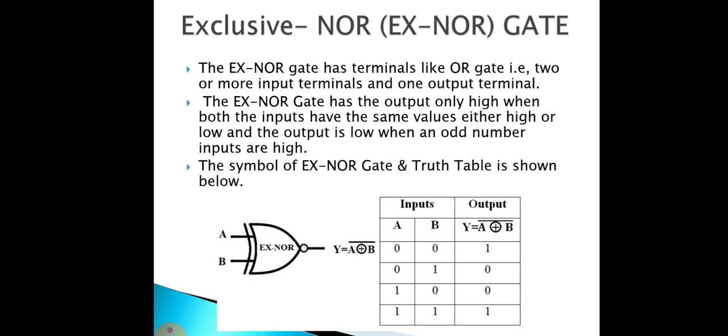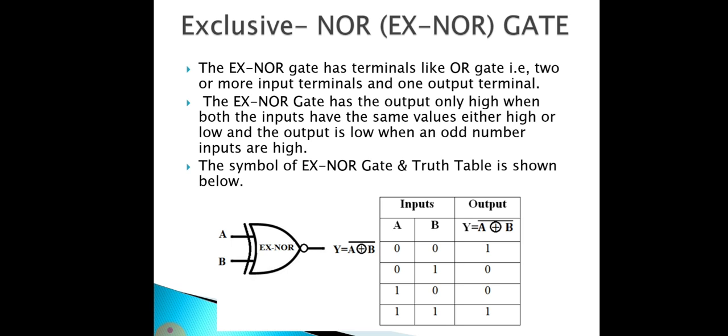Next gate is the XNOR gate. The XNOR gate has terminals like the OR gate, for example, 2 or more input terminals and 1 output terminal.